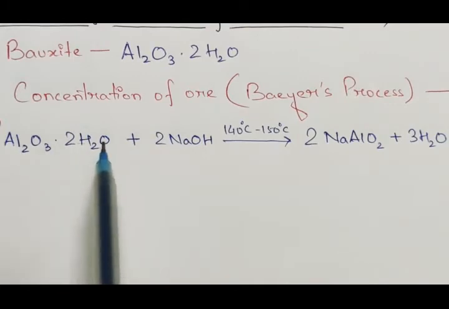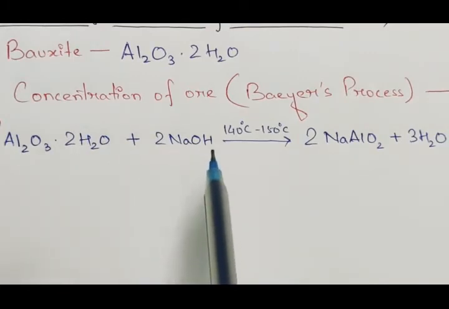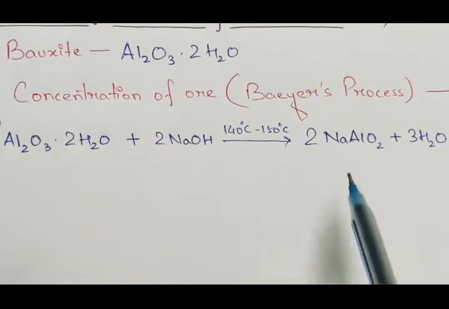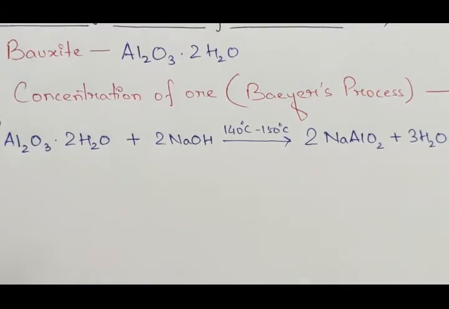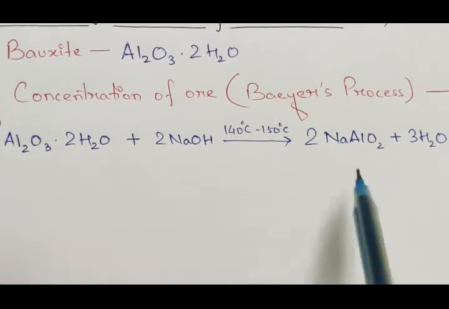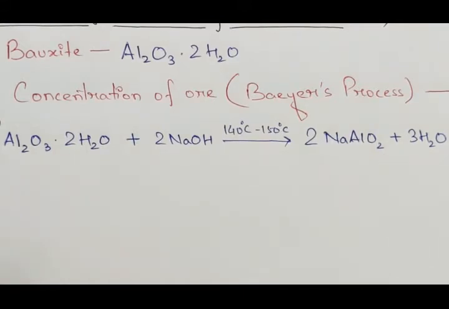So bauxite dissolves in concentrated sodium hydroxide at very high temperature to form sodium meta-aluminate, and there are insoluble impurities left behind called red mud. Means after the formation of sodium meta-aluminate, whatever impurities are left over is called the red mud. Okay.